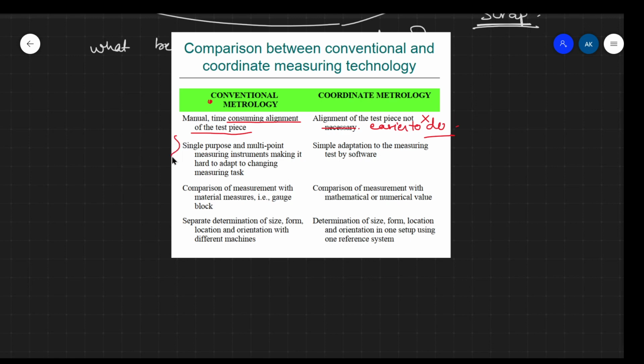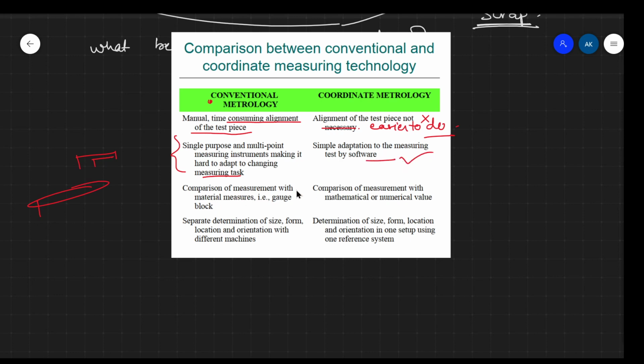So it is time consuming and single purpose and multi-point measuring instrument, making it hard to adapt to changing measuring tasks. Of course, suppose there is this size of vernier caliper with you. Next time a bigger job is coming, so a bigger one is needed, right? A bigger vernier caliper is needed. So tools are also a problem. This, of course, measuring test by software, fine, no issues.